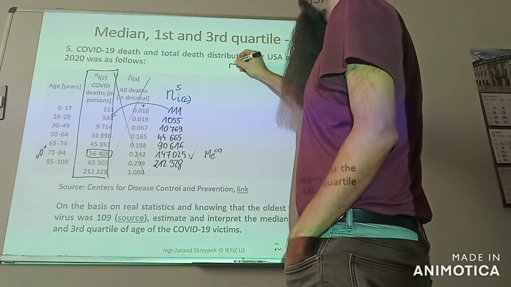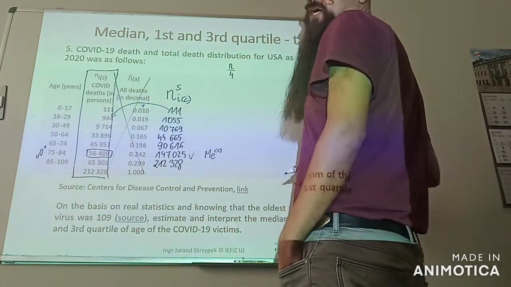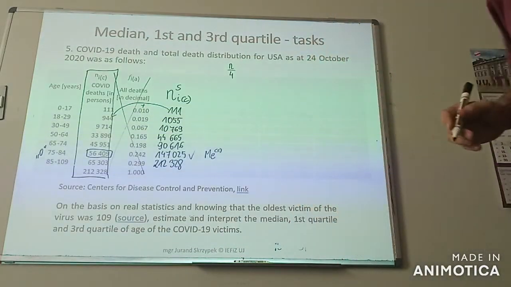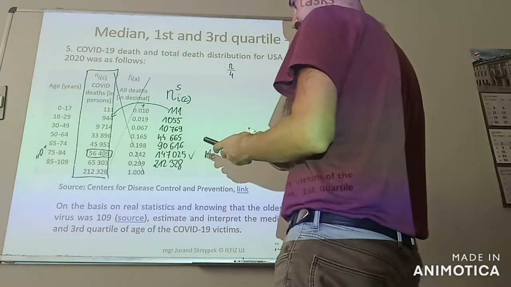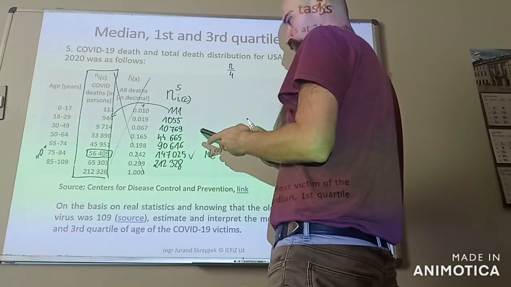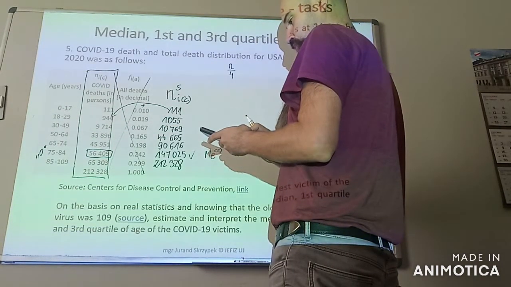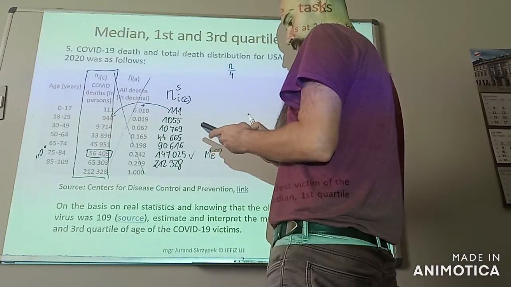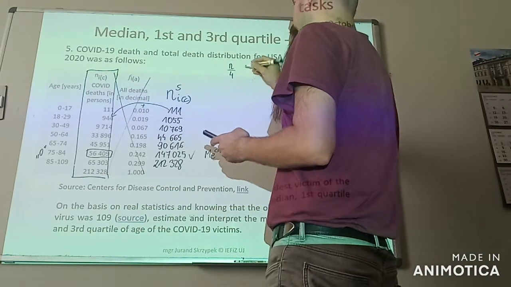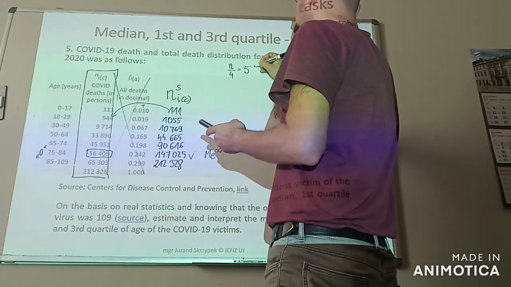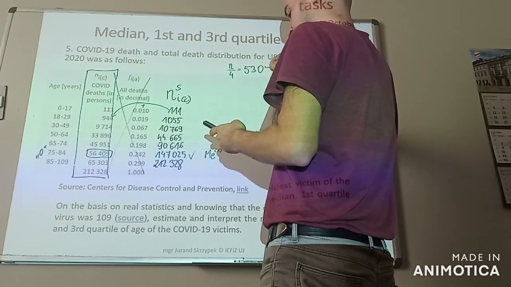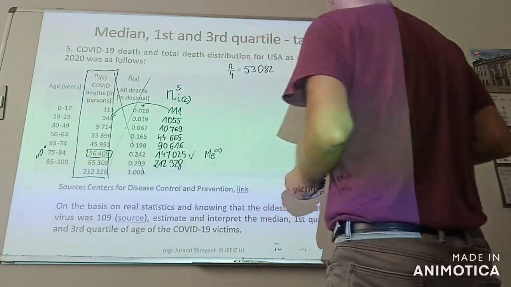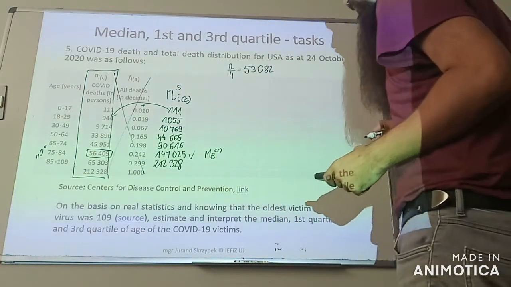We need a quarter of the population. A quarter of the population is 212,328 divided by 4. It is 53,082. This is a quarter of the population.